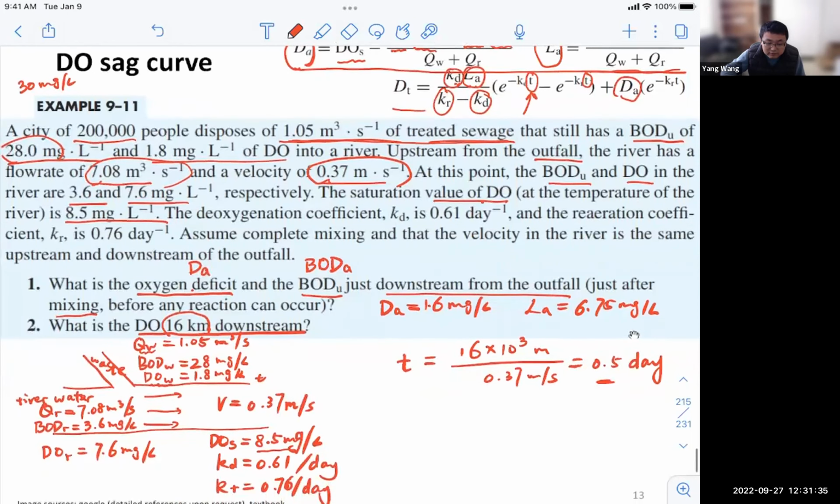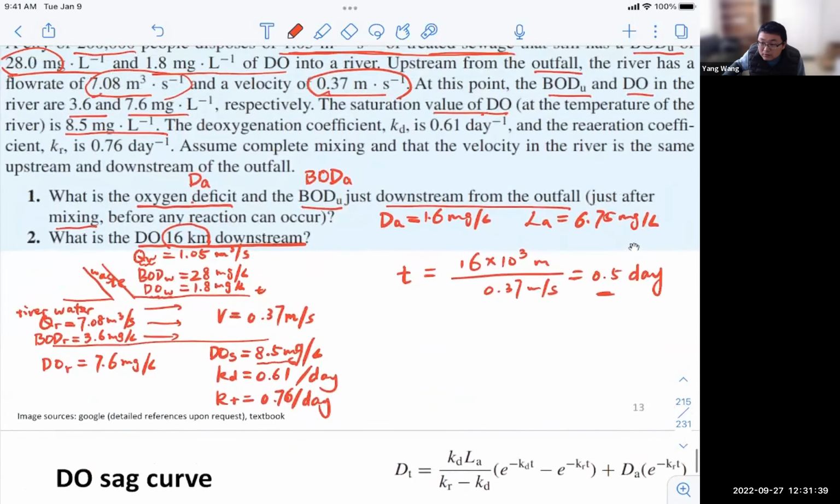So you can find the oxygen deficit at this 16 kilometers downstream. And to further calculate the dissolved oxygen concentration, the dissolved oxygen is the DOS minus the oxygen deficit.